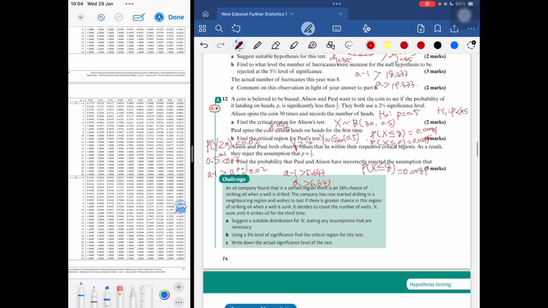So for Paul, Y is larger than or equal to 7, which means 0.5 to the power of 6, which becomes 0.0156. So I don't know what is the better way, but this has a higher probability of making an incorrect rejection.